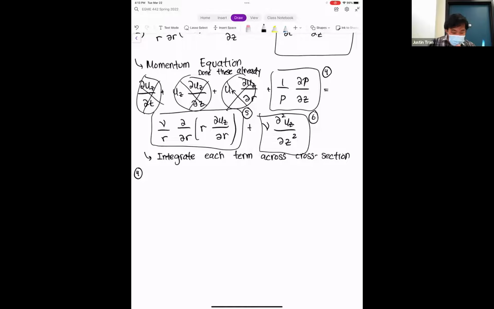Integral 4 is the pressure term. For the pressure term, we have to make one assumption to make our integration a little easier. We're going to assume that the pressure is uniform throughout the cross section.